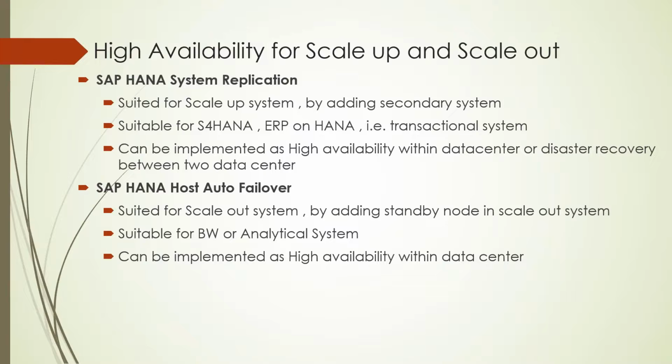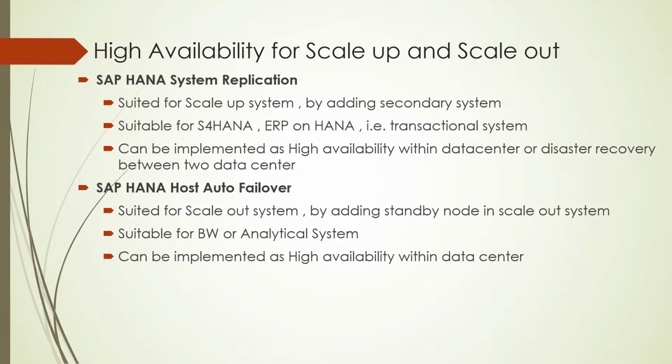Scale out means you will have multiple nodes. You cannot put some nodes in one data center and some in another. If you configure like this, you will face performance issues because the distance between the two data centers is huge.